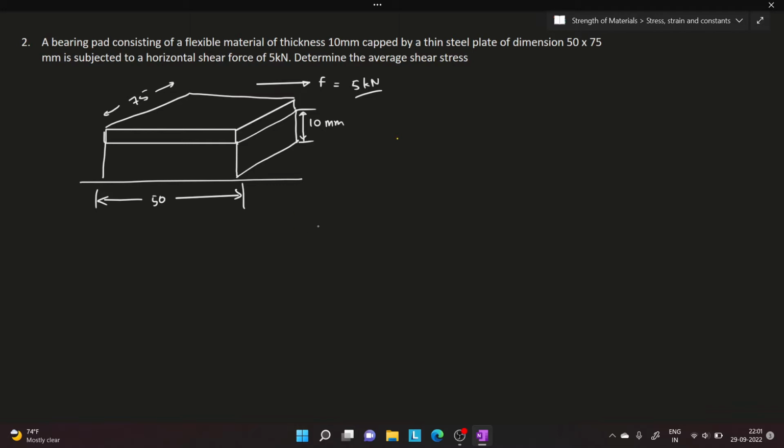A straightforward problem: tau average is the shear force divided by the shearing area, which is 5 into 10 to the power of 3 divided by 50 into 75, which is 1.33 Newton per mm square.